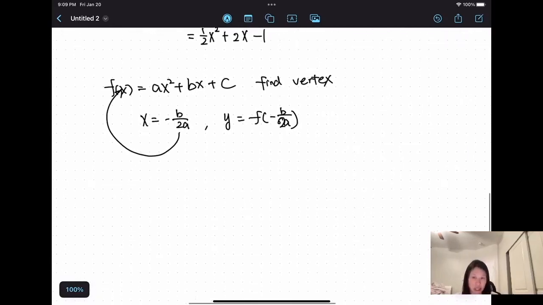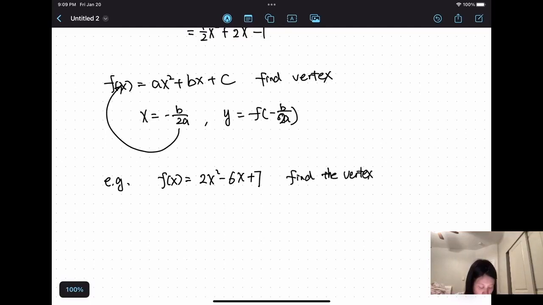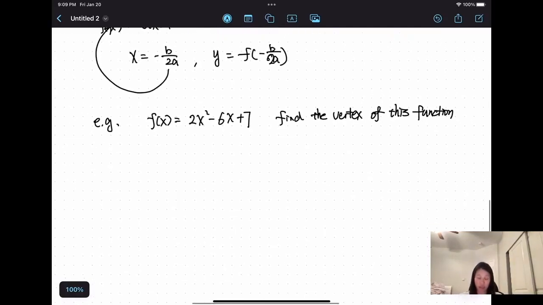Okay, so now here is an example. I have a function f(x) equals 2x squared minus 6x plus 7. I want you to find the vertex of this function. The x coordinate equals negative b over 2a.